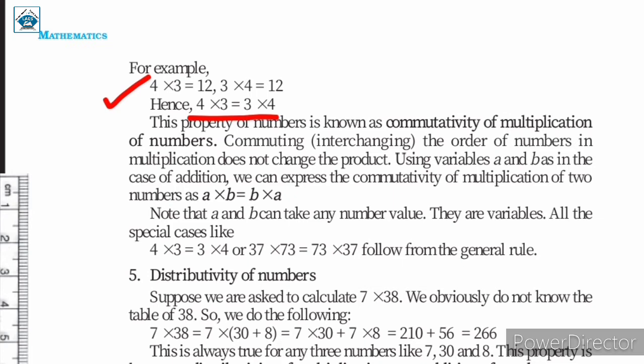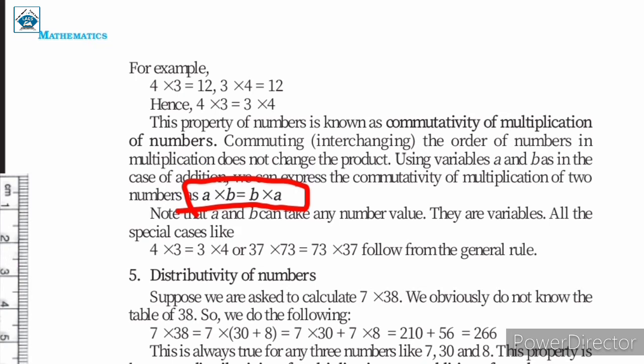This property is known as the commutativity of multiplication of numbers. Again, what we are going to do is we are going to use variables A and B as in the case of addition. So here we are going to express the commutativity of multiplication of two numbers as A multiplied by B is equal to B multiplied by A.